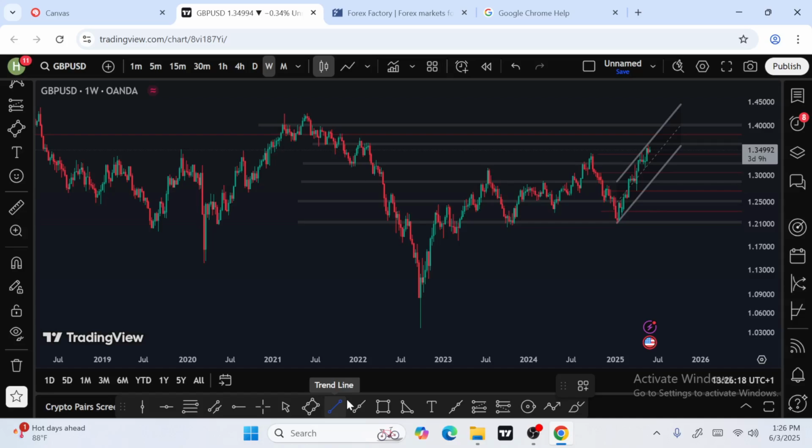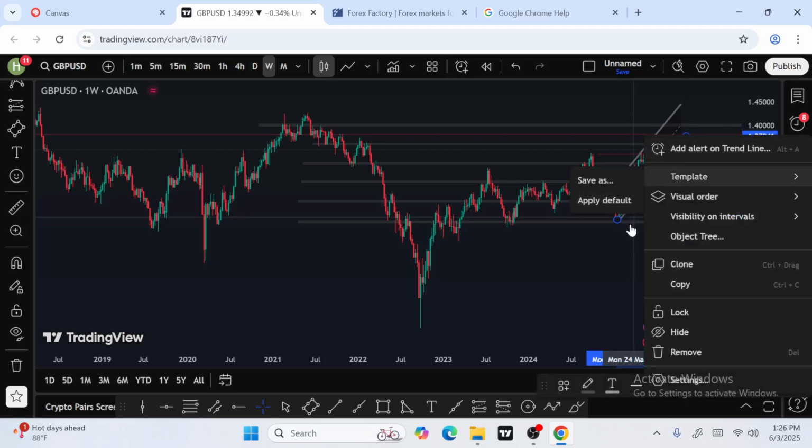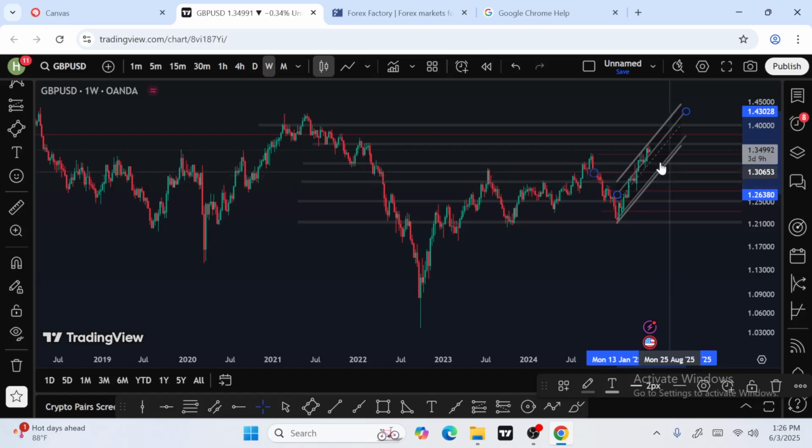Okay, you want to draw it as a zone. Clone.